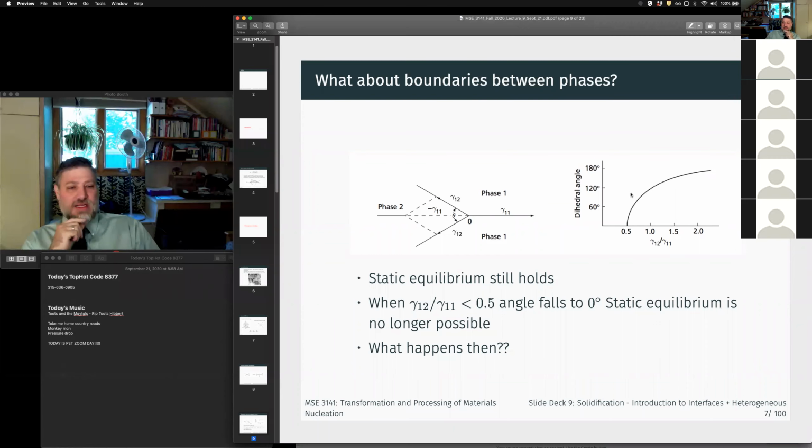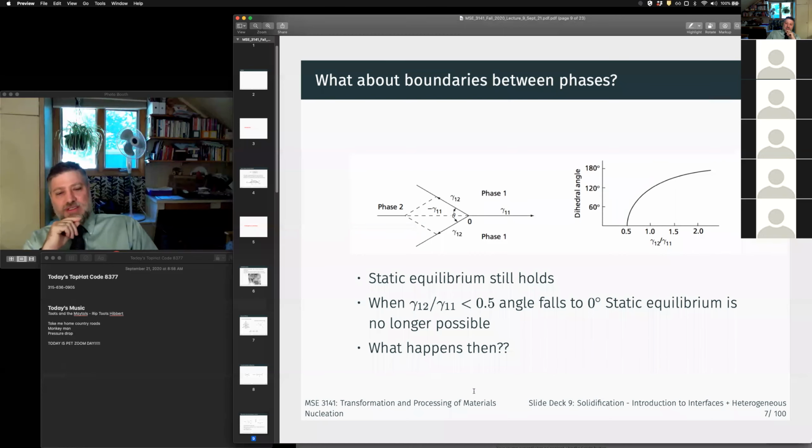Okay, so that makes sense, right? As our ratio gets smaller, so sigma 1-2 is smaller than sigma 1-1, as we approach half, our dihedral angle gets smaller. And at exactly 1/2, our angle falls to 0, and static equilibrium is no longer possible, right? So it is really possible to have a very low interfacial energy.